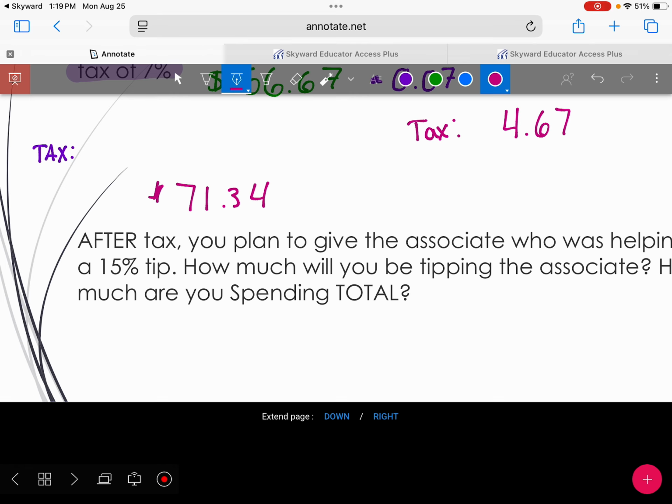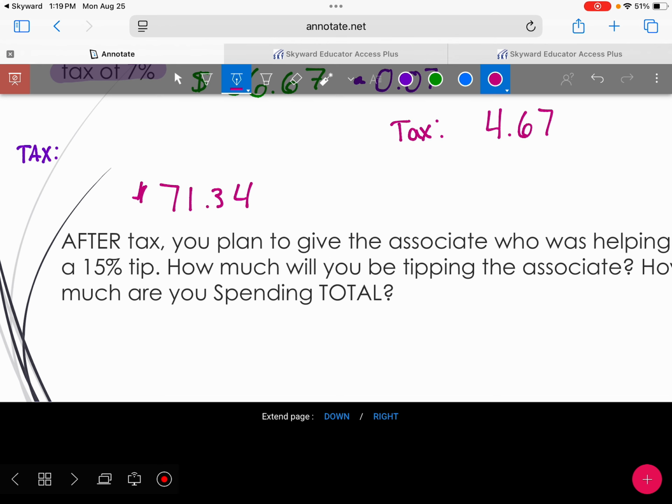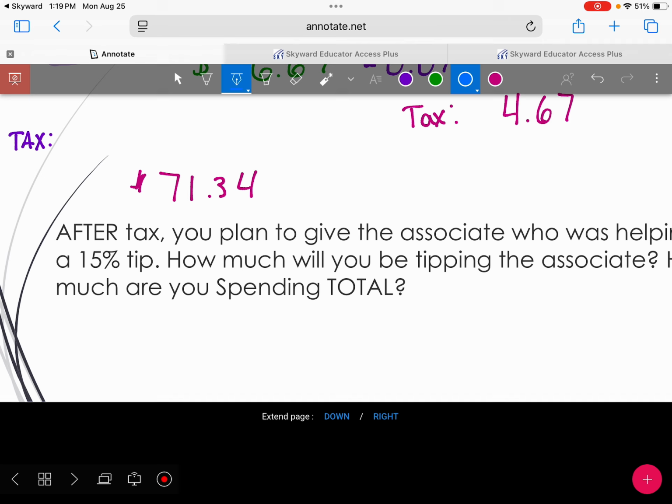This will help you if you go to a restaurant, because you don't go to a restaurant and not tip. That is bad form, because servers make $2.13 an hour. Not even kidding. It hasn't changed since like 1980, because they expect people to tip.